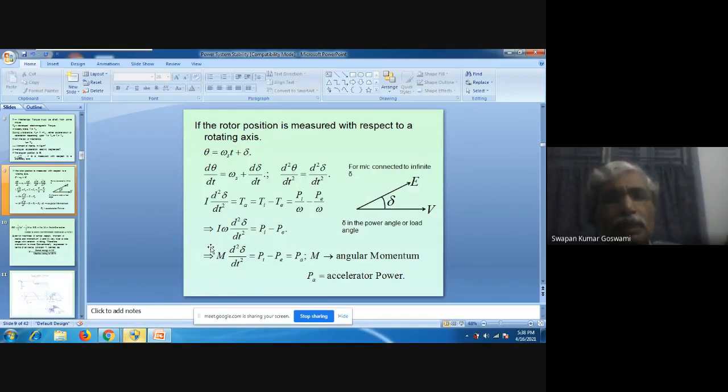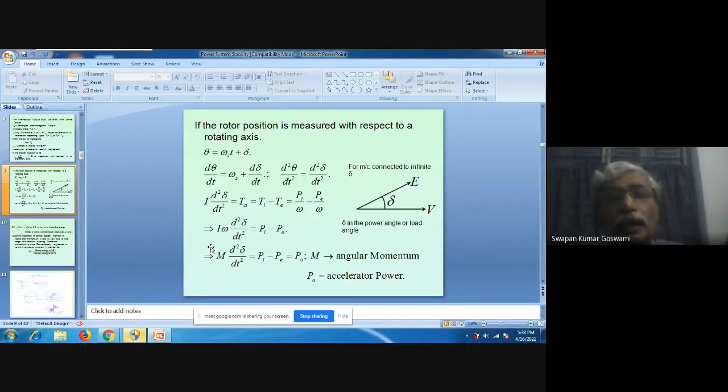Okay, so this is our focus now. Whether the disturbance that has created a difference between the input to the generator and the output power from the generator is sufficient to make the generator unstable, whether the generator will be able to retain synchronism, whether the generator will be able to restore synchronous speed again in the system.